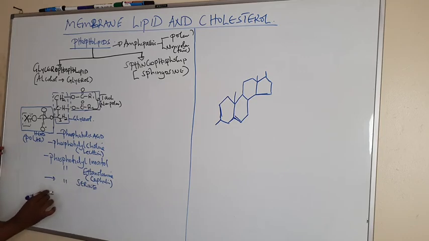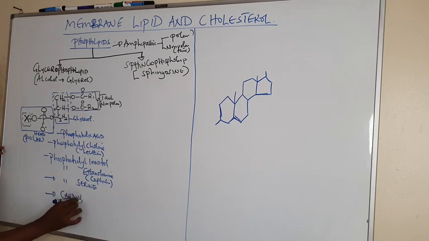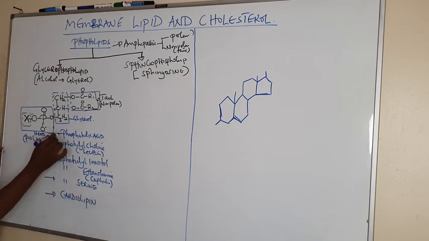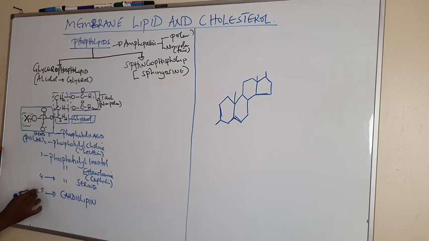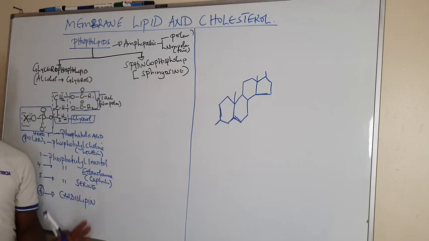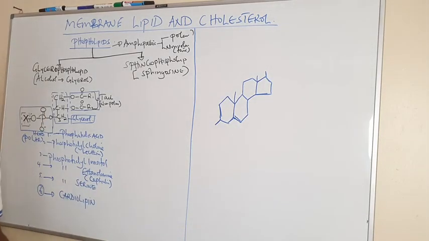Then the last one is cardiolipin. So these are all examples of glycerophospholipids, whereby the alcohol in them is glycerol. These are the different examples. And all of these ones form part of the cell membrane.